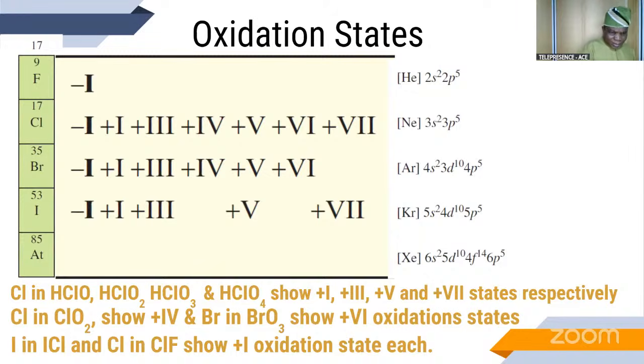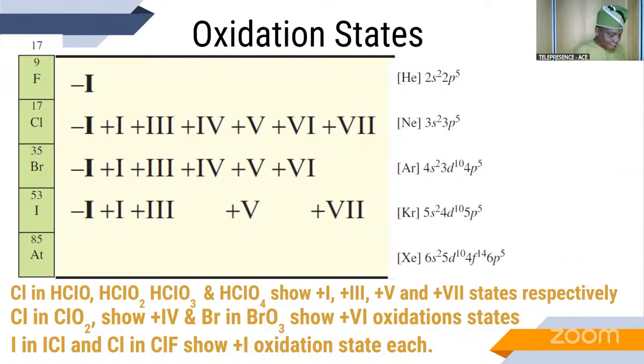So you can see that chlorine, for instance, is closer to the d orbitals. So the electrons from the 3s orbitals and the 3p orbitals can be promoted into the d orbitals, and that allows it to form higher oxidation states like +3, +4, +5, and even up to +7.